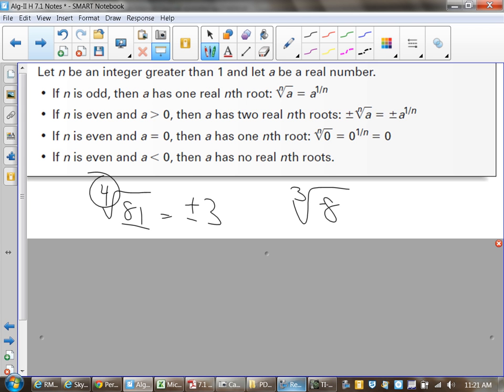Positive 4 times negative 2 is negative 8. So when I have an odd exponent, I don't have to do plus or minus, because if a is negative, it's going to work out just fine. If a is negative and it's an even root, I wouldn't have any real answers. I'd have imaginary stuff.